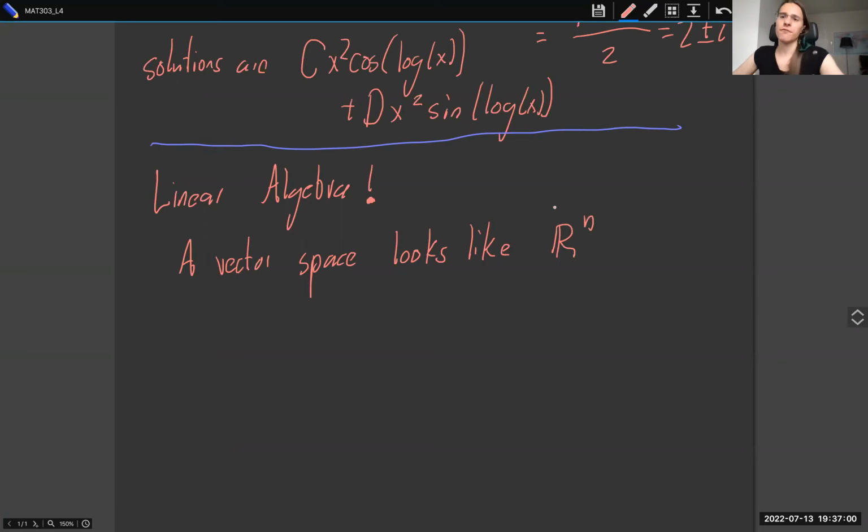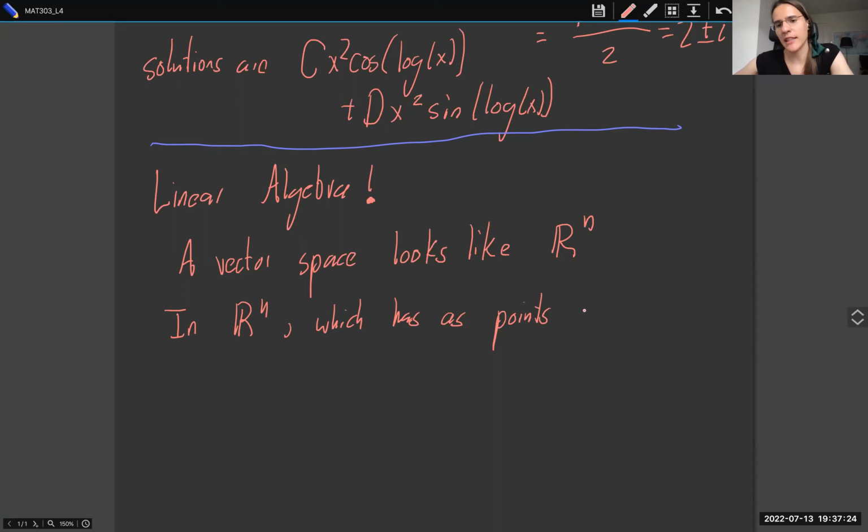There are a bunch of things that are wrong with this sentence. First off, why is the vector space finite dimensional? Second off, why is it a real vector space? But whatever. So what structure do we have in R to the n, which has points?